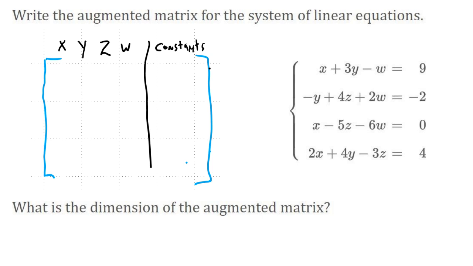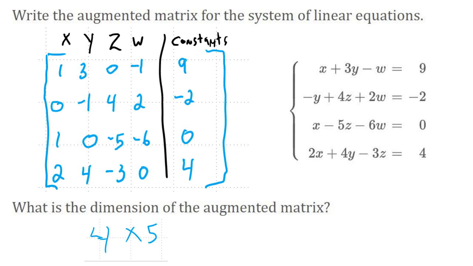Again, my equal sign is represented by this line. Here I am dealing with four variables, x, y, z, and w, so I'm going to put them in that order. My constants are going to be to the right of the equal sign: 9, -2, 0, and 4. So let's go ahead and do them.